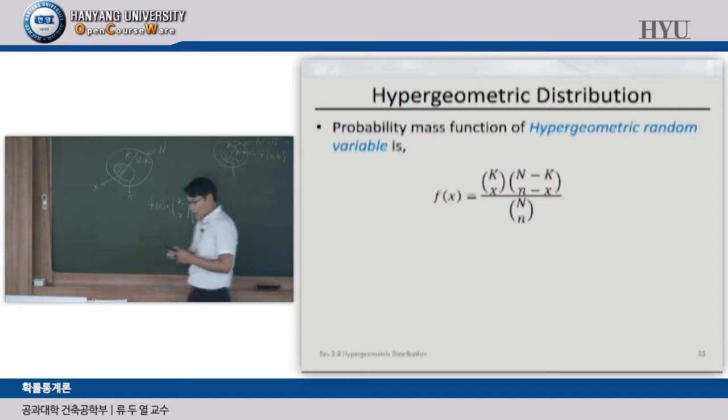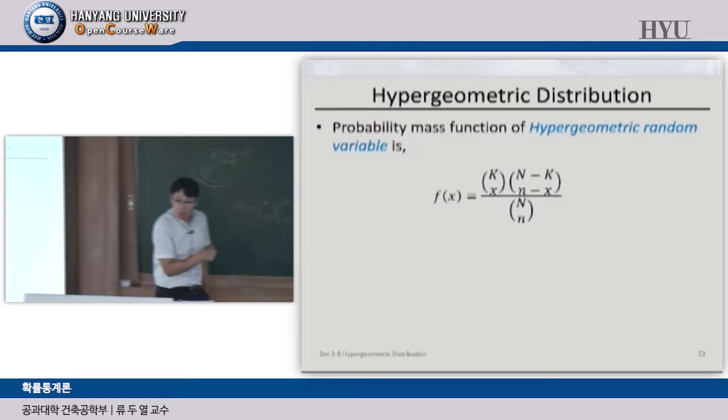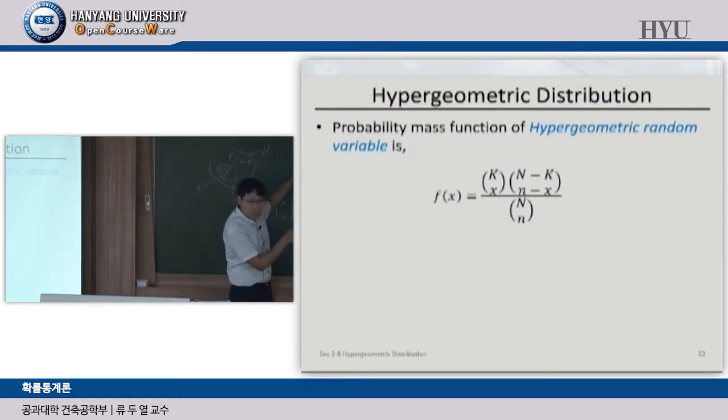We can simply consider this example, and there is a large N here, and it contains A, B, C, D, E, okay? And the number of N is 5, right?